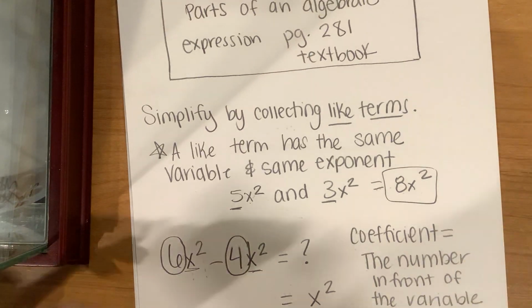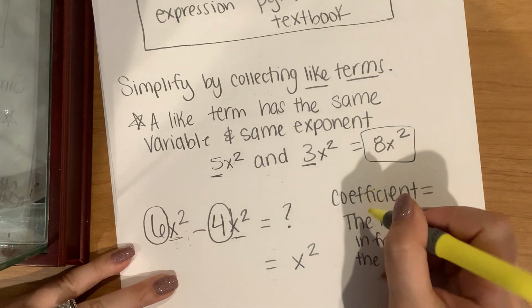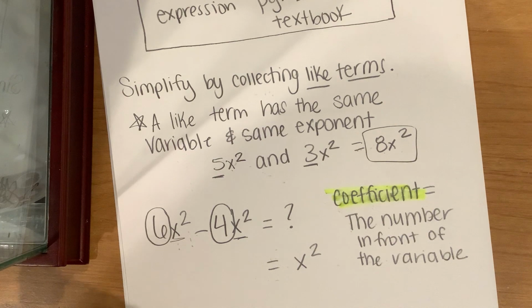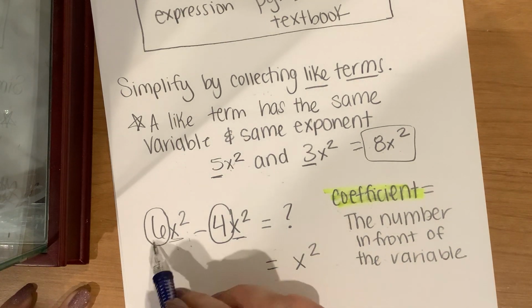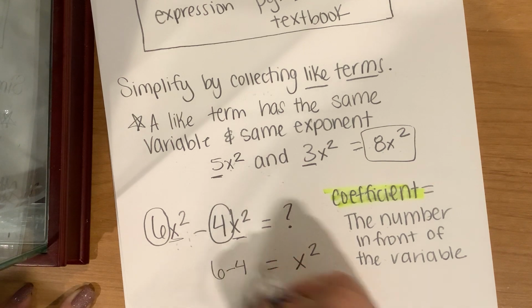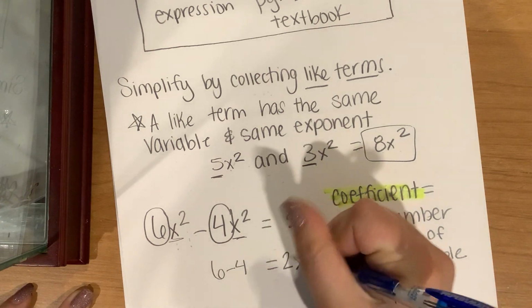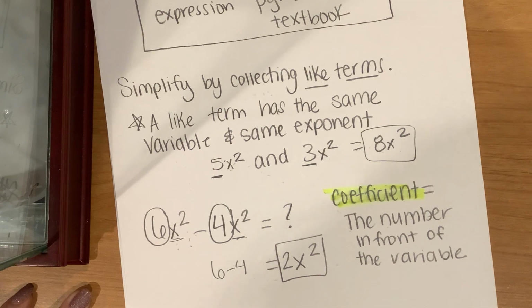Go ahead and add that vocabulary word coefficient into your notes, the number in front of the variable. So I've already got my x squared. I'm just taking 6 minus 4, and I get 2. So my answer is 2x squared.